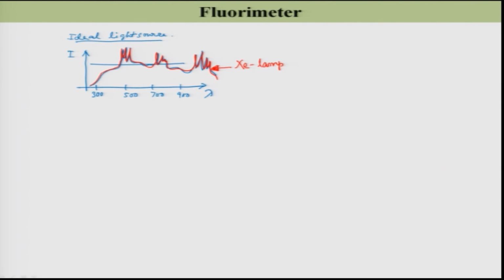So, why is this shape disturbing for us? This is because when we talk about the excitation spectra, as I said, in that case what we usually do? We generally fix the emission wavelength and scan the excitation spectra.